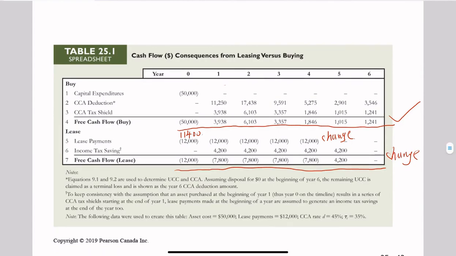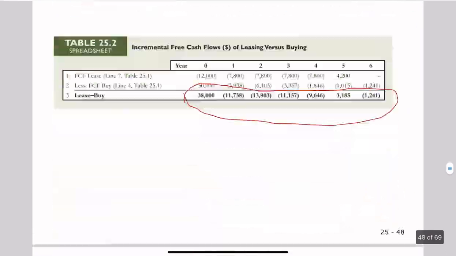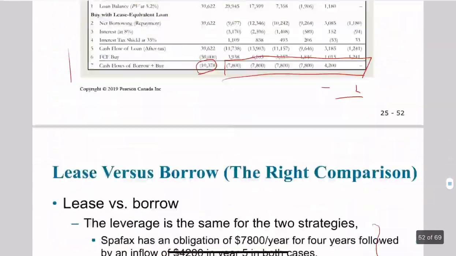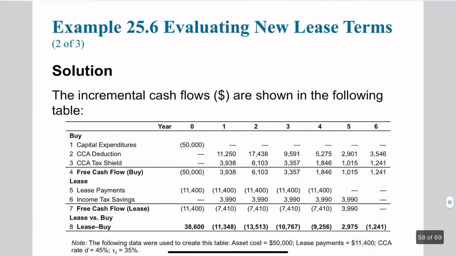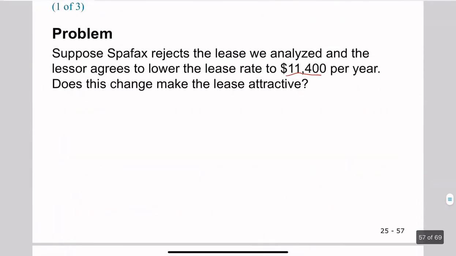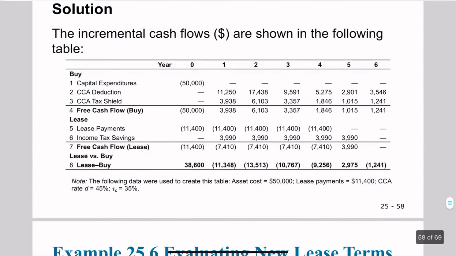Okay, now let's see how we can do the calculation. So I will directly use the answer key because it's pretty straightforward. As I said, this part stays the same. And then the lease payment will change. If lease payment changes, income tax saving changes. So the free cash flow from lease changes.